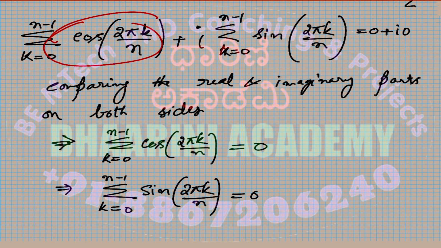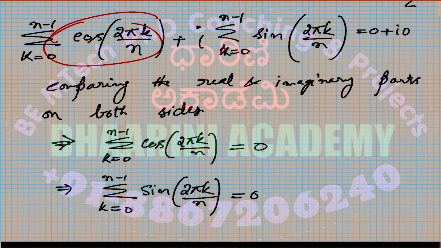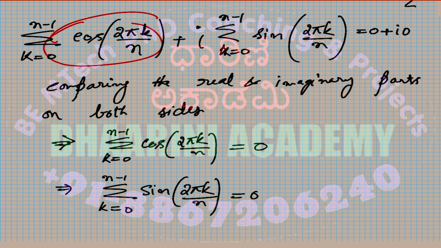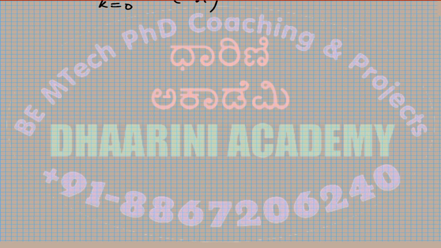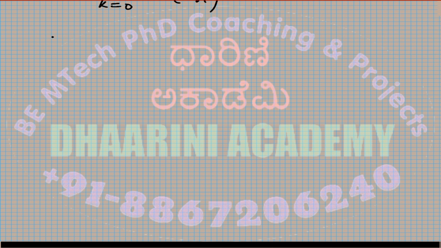All right. Then we have another important formula. This is an expansion, sometimes useful. If you have x to the n minus 1, it's like x to the n is equal to 1, because you take minus 1 to the other side, which means x is equal to 1 to the power 1 by n.